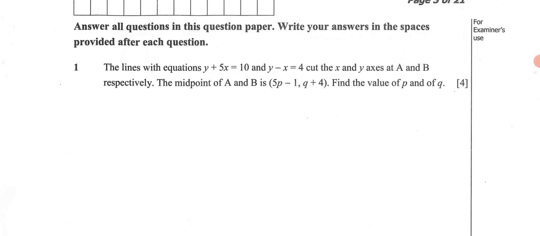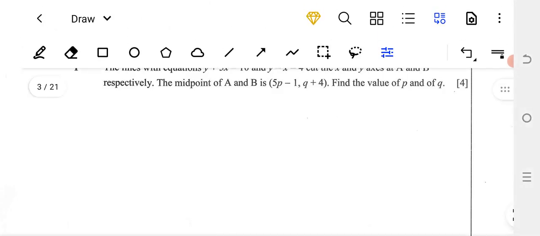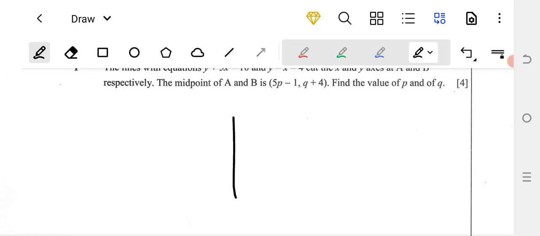So you can look at the question. They are saying the line with equation y plus 5x is equal to 10 cuts the x-axis at A. I'm talking about the first equation. One thing you need to know is that along the x-axis, if you are to get a coordinate, for example, you have the xy plane like that.